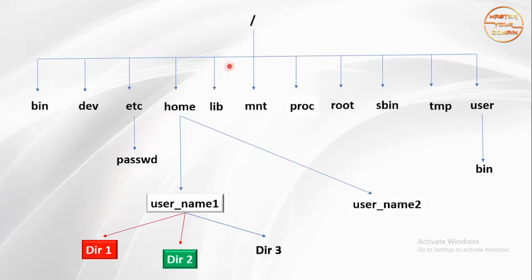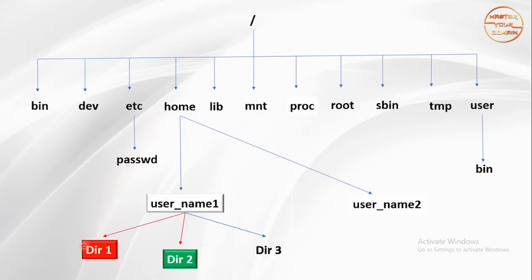And home knows username1 and username2 because these two directories are directly under home. So a particular directory knows all the directories and files with which it shares its parent, and it knows all the files and directories directly under that particular directory.